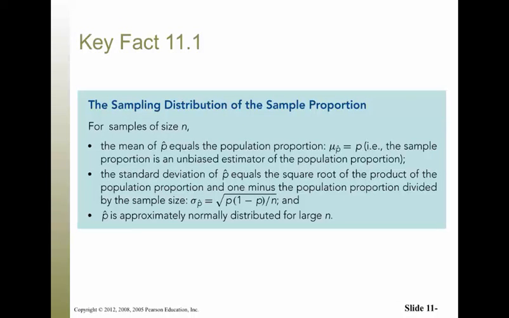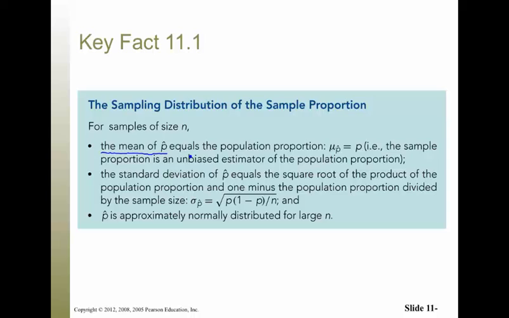So here we talk about the sampling distribution. Don't try to just write all this down. Listen. The mean of p hat equals the population proportion. So the mean here, in the sampling distribution, the mean of p hat. What does that mean? It means we take lots of samples and we get a p hat for each sample, and we're looking at the mean of those.